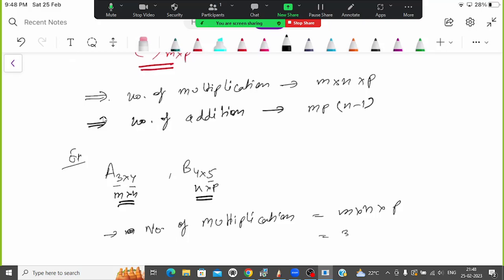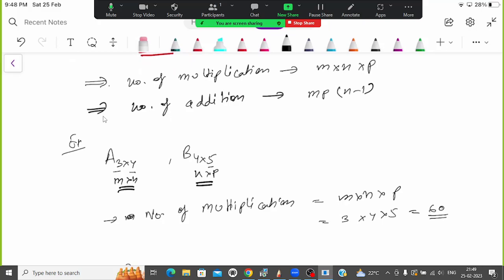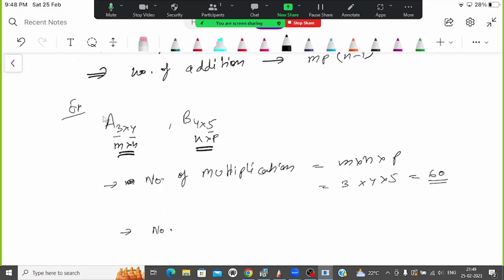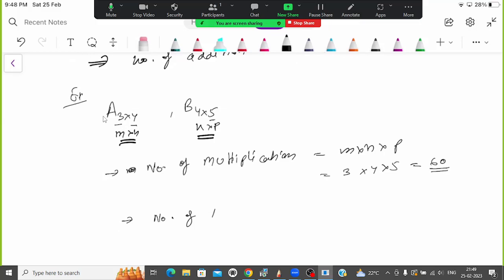So here it is 3 into 4 into 5, this will be 60. So 60 multiplications will be required. And the number of additions will be m into n minus 1 into p. So m is 3, n is 4, that is 4 minus 1, and p is 5. So we are getting 45 additions. Okay, clear?